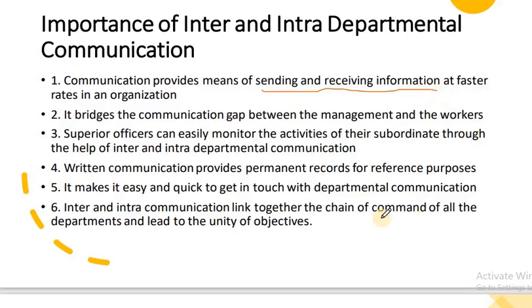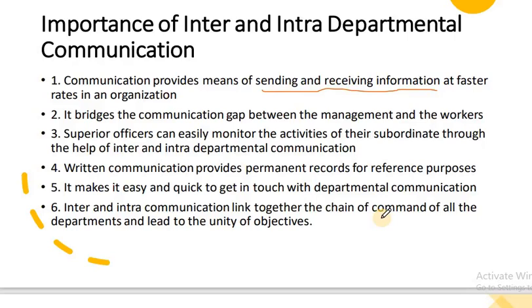Number two, the intra and the inter bridge the communication gap between the management and the workers because they both work interchangeably. Number three, superior officers can easily monitor the activities of their subordinates through the help of inter and intradepartmental communication.